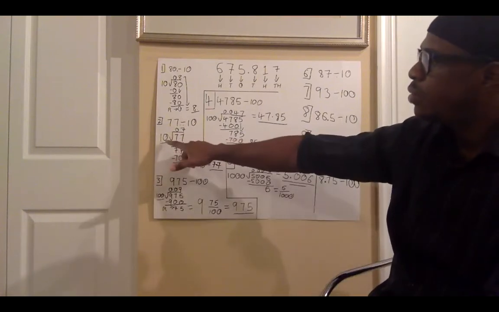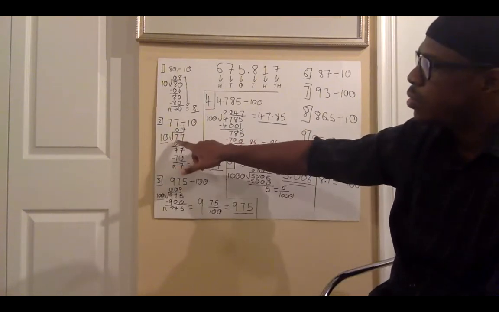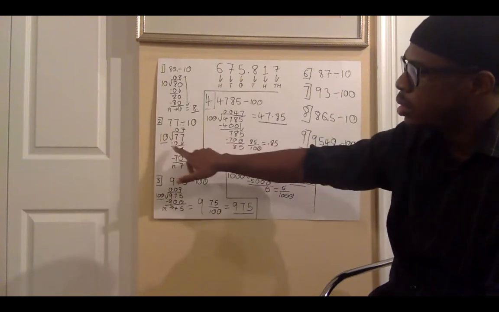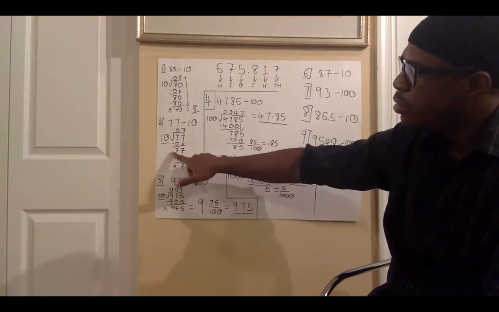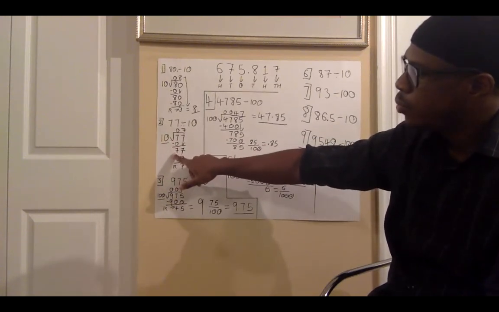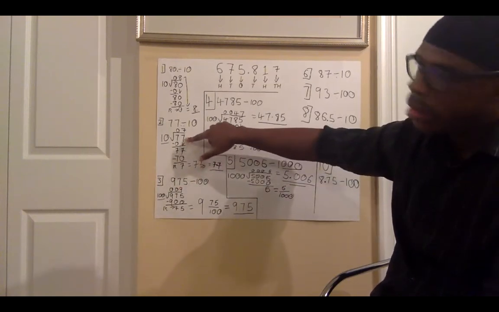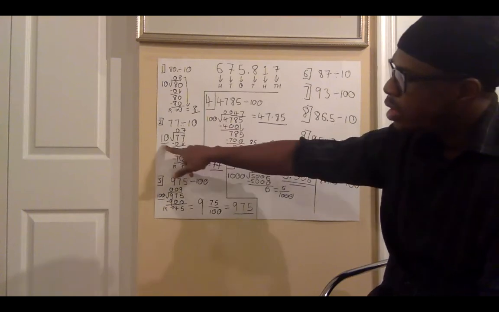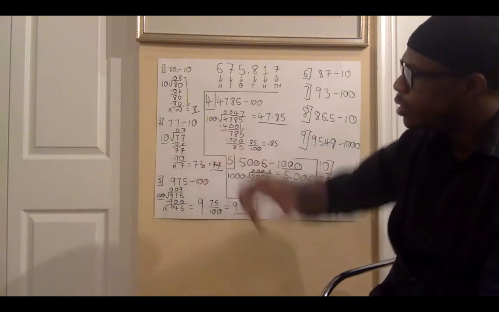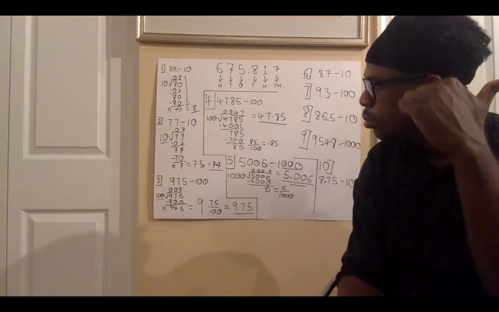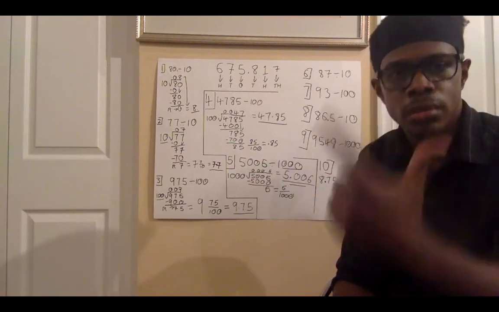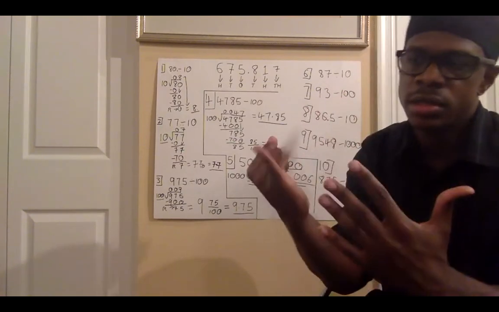So 10 can go into 7 0 times. 0 times 10 is 0. 7 minus 0 is going to give us 7. Can we take anything down? Yes, the 7. So now we have, 10 can go into 77 how many times? So 10 times 1 is 10, 20, 30, 40, 50, 60, 70.